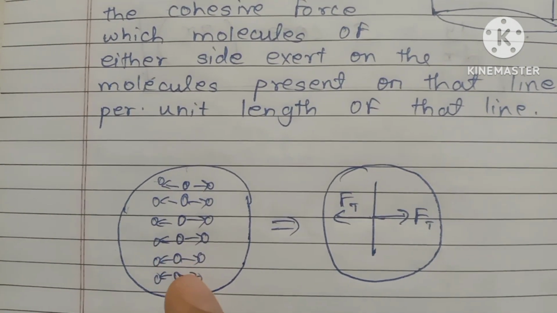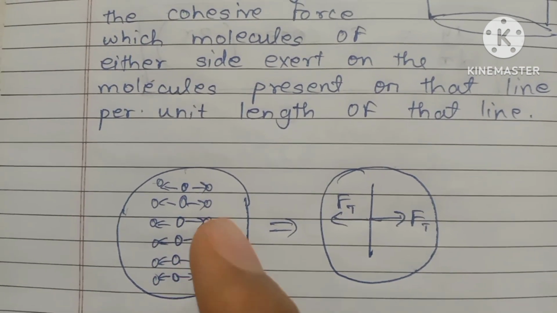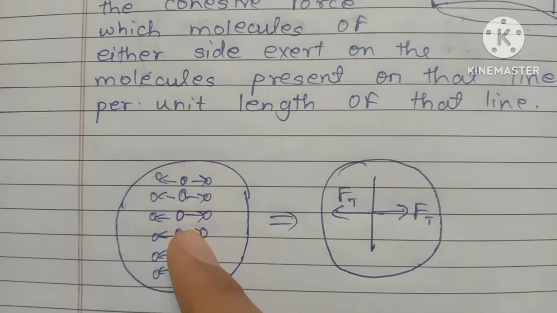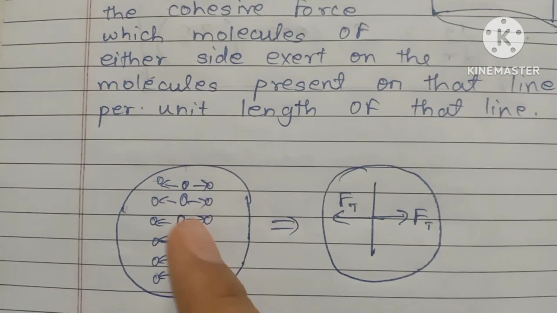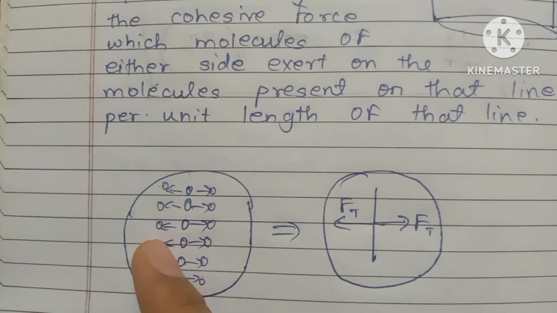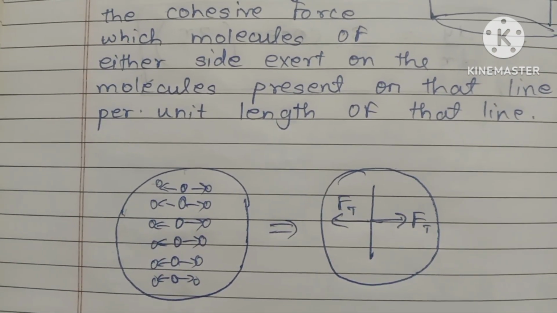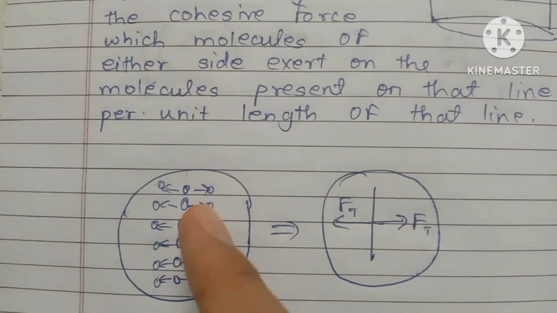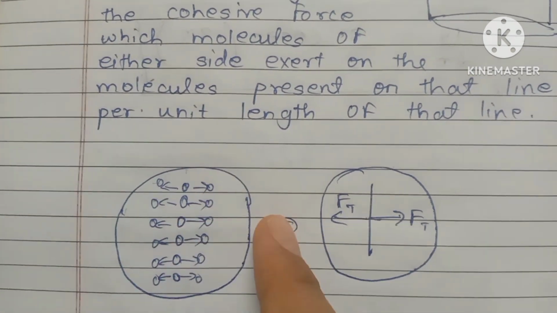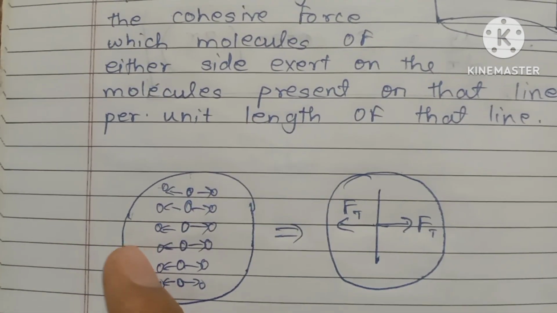So force of surface tension is the force which is acting on these molecules either from right side or from left side. So while calculating force of surface tension, you can calculate the force on this molecule either from right side or from left side.